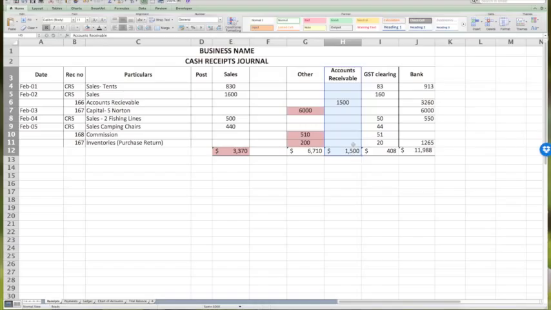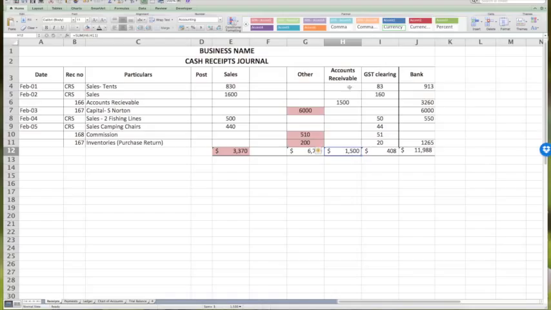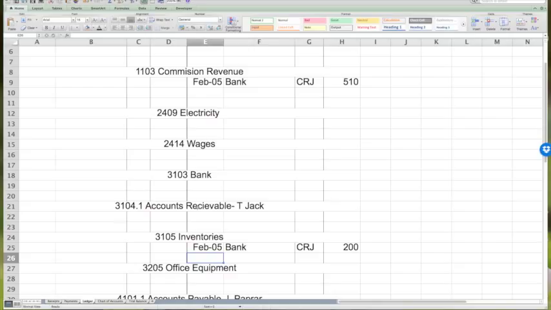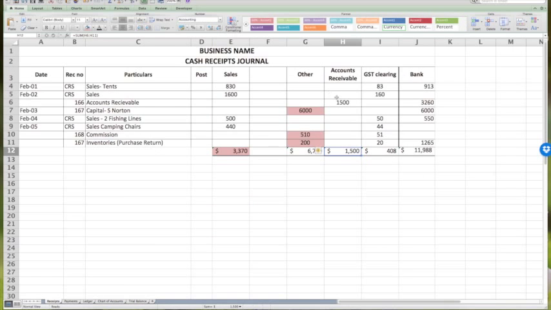We have a look through here. We've got our accounts receivable. We're posting a total for this one, so it's going to be at the end of the month. So we'll hop back over into our ledger here. Accounts receivable just straight in here. Within this transaction, accounts receivable will be going down because our client has paid off their accounts, so we want the accounts receivable to be credited and the bank will be debited.